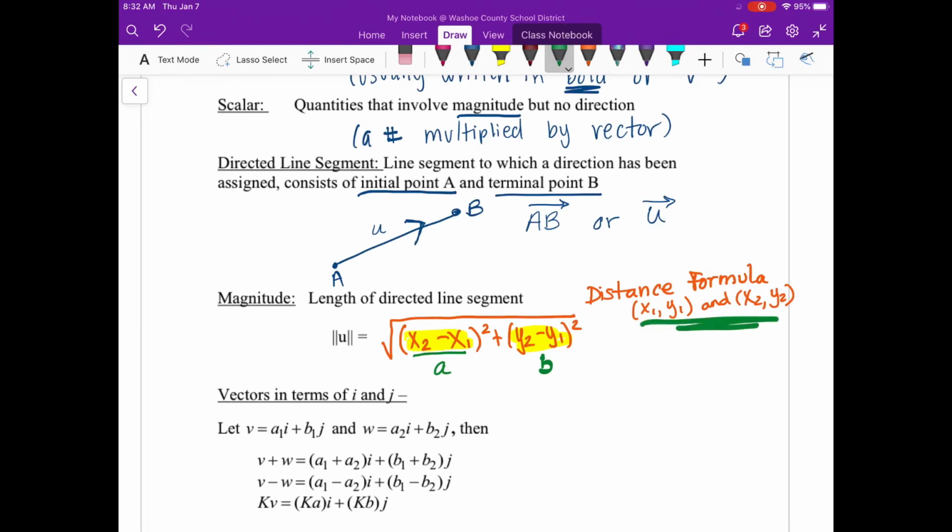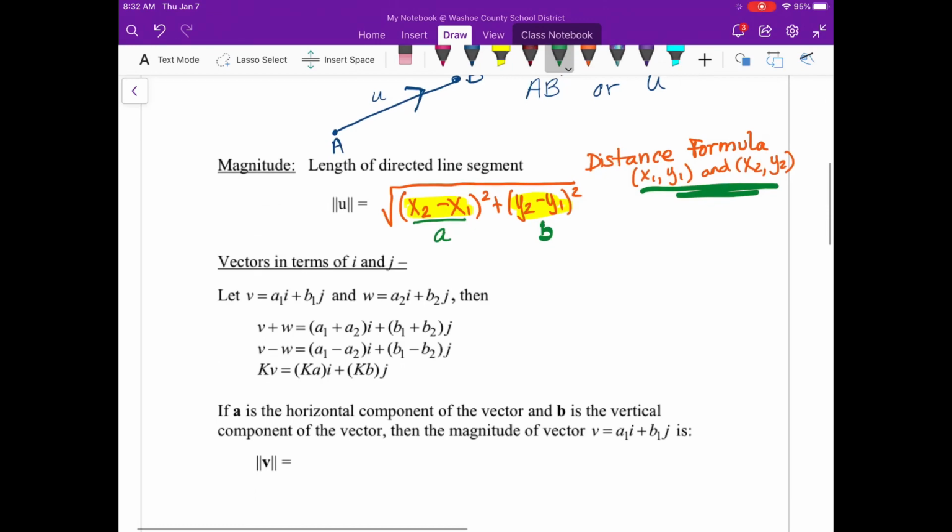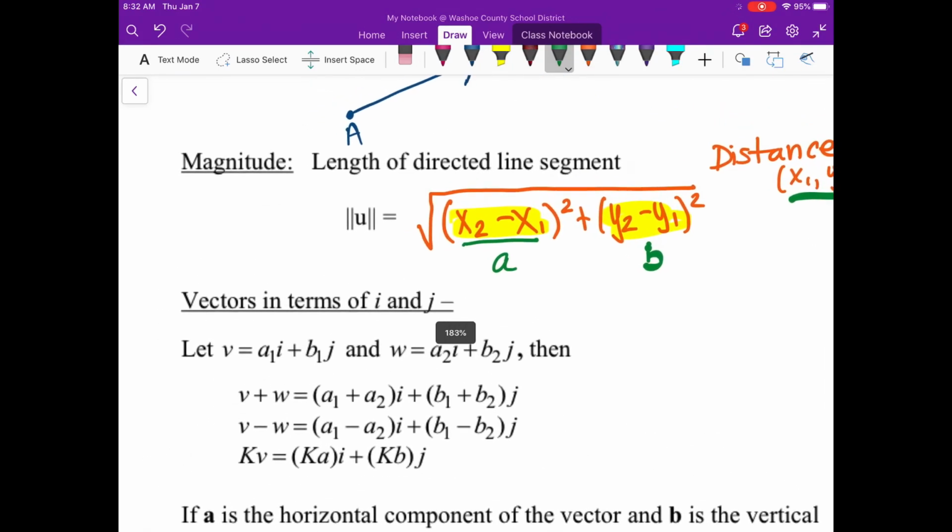We're just trying to get you to understand that with vectors, you are not going to be given the 2 points like you would in geometry. Instead, these numbers are embedded in the vectors, so we're not going to need to subtract the difference between x's and the difference between the y's. Instead, we're just going to square it, add them, and find the square root. We're going to do some of these problems in a moment. I just want to get through all the terms and definitions here.